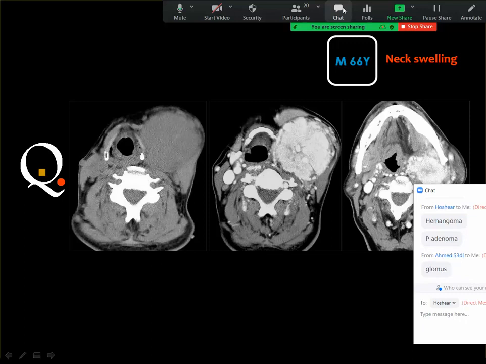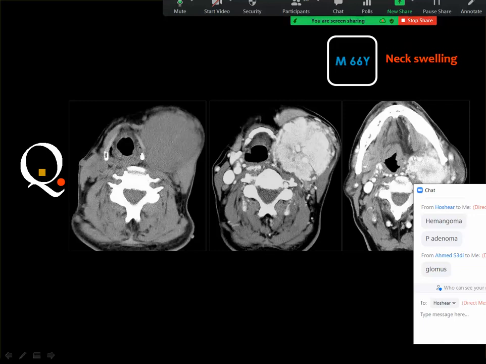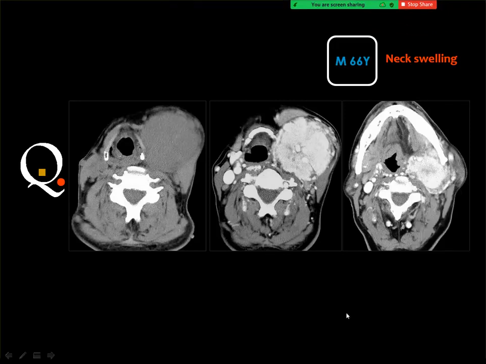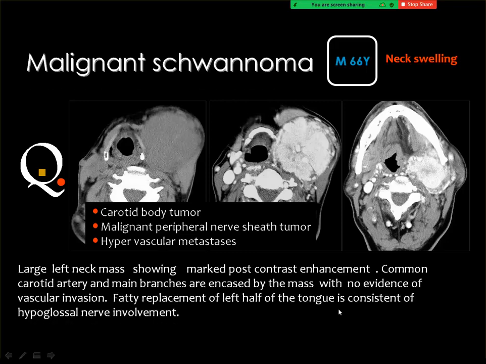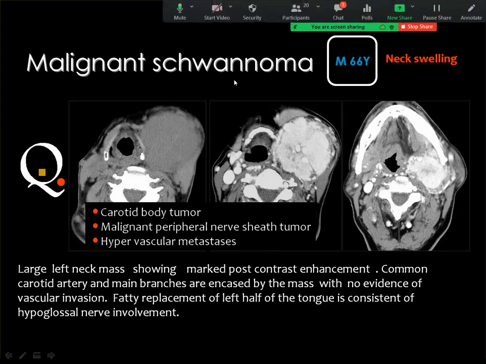Parotid, no, it is very far from the parotid gland. Glomus, yes, and because of the enhancement, you consider the possibility of a vascular tumor, but in this case, it has been proved to be a schwannoma with malignant transformation.